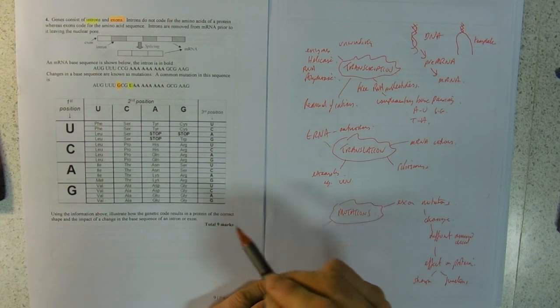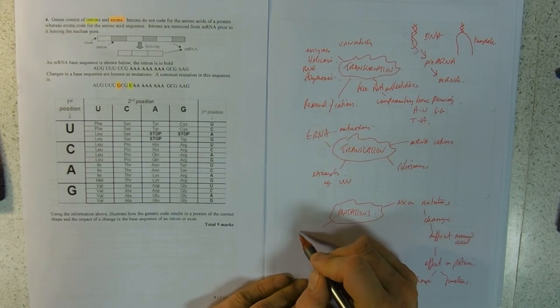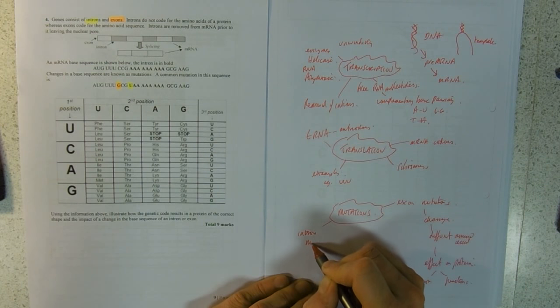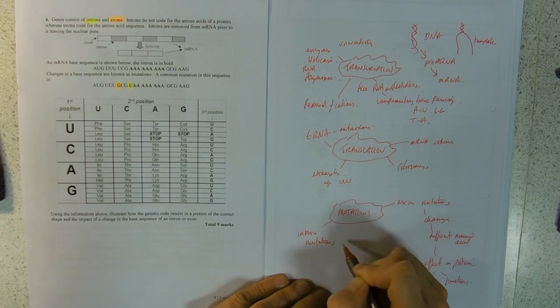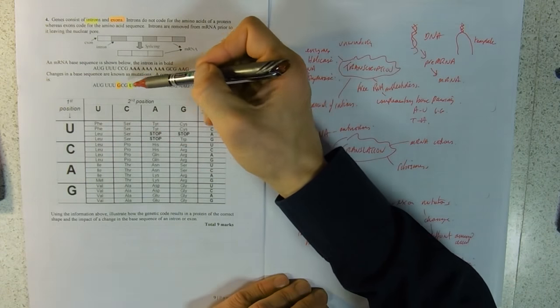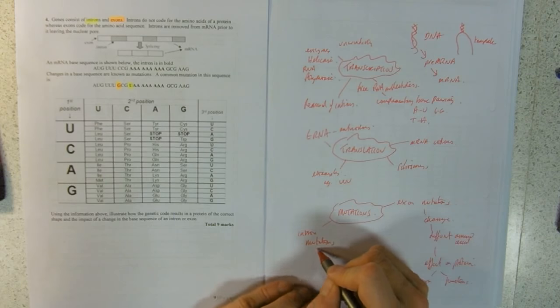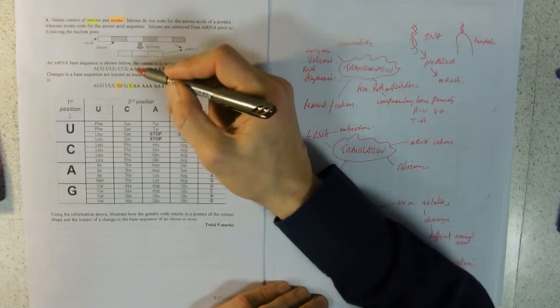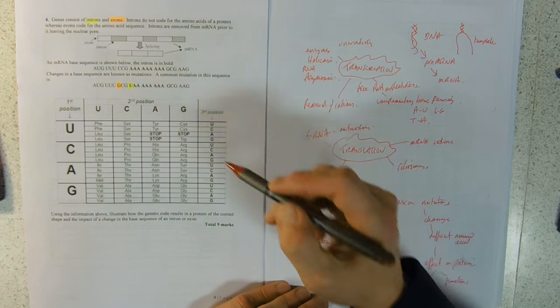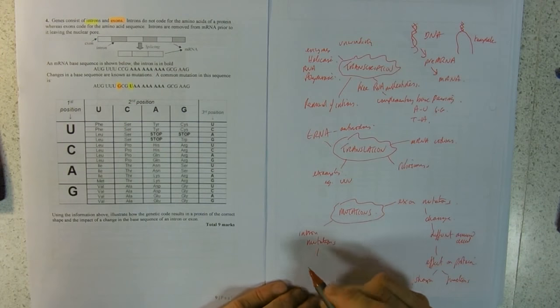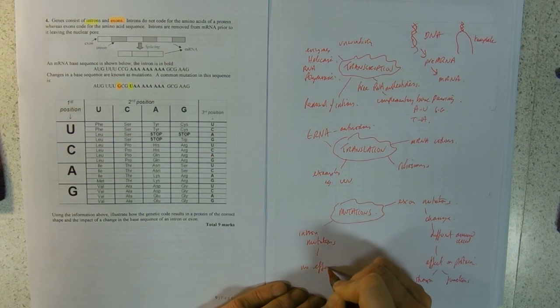And then we've got our other mutation, which is our intron mutation, which is our UAA. And the effect on that, well, because that's going to get cut out, that's going to have no effect.